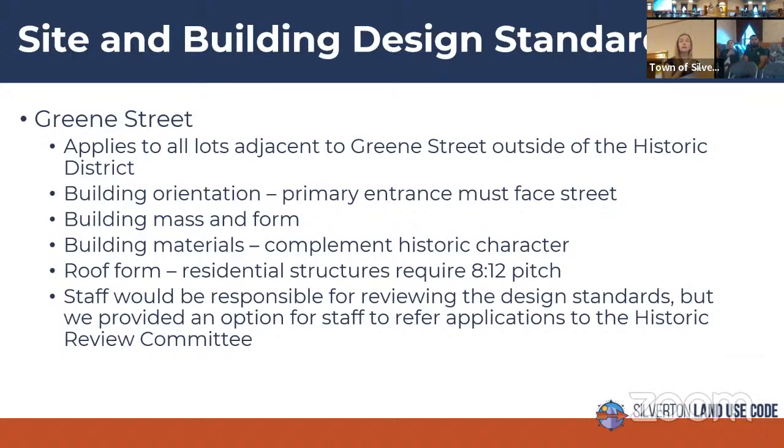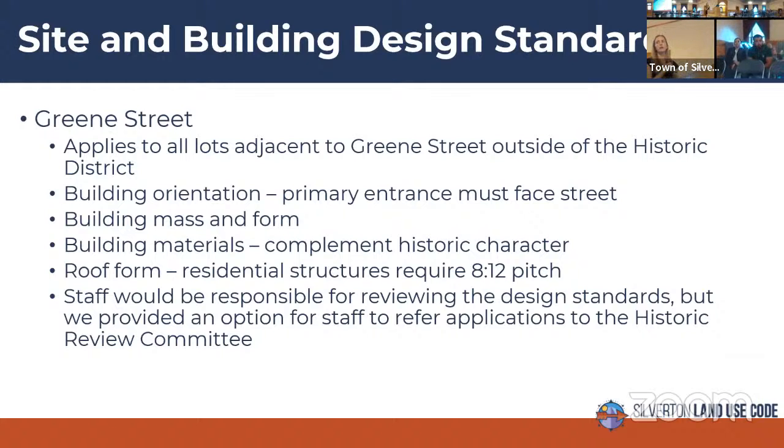So the next set of standards are applicable along Green Street. So all of those adjacent to Green Street, but outside of the historic district. The historic district already has its own standards, and we don't want to overlap and confuse the two. So some of these standards relate to building orientation. So making sure the entrance of the building faces the street. There's some parameters around building mass and form, as well as materials complementing the historic character.